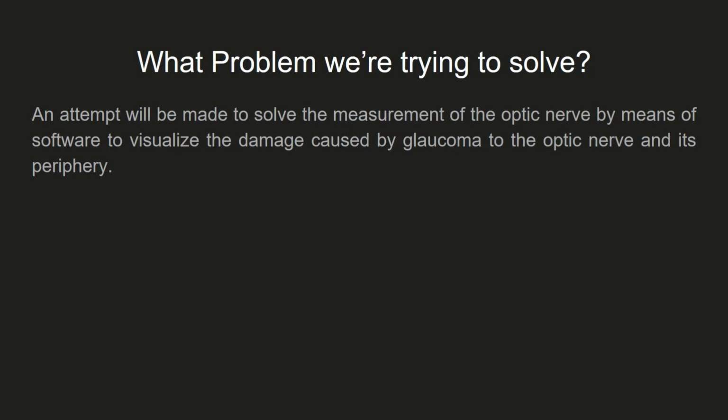Early diagnosis is difficult, and glaucoma is usually diagnosed when there is irreparable damage to the optic nerve, so a program will be implemented to measure the diameter of the optic nerve in each eyeball and the damage in the periphery of the nerve, near the optic nerve and the optic disc. This will allow us to obtain certain ranges to visualize the damage that glaucoma, in this case POAG, causes.